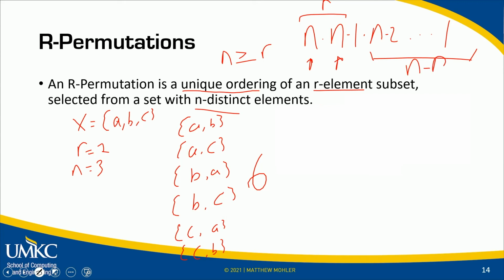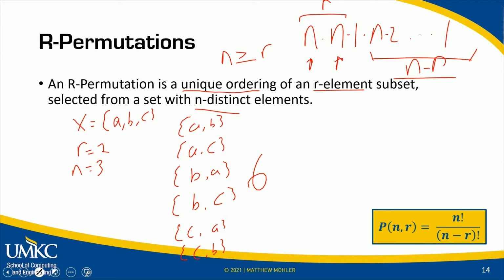So if we recognize that we're multiplying here and we want to remove this n minus r factorial, then all we have to do is divide it out. And so what we'll find is that for an r permutation, the number of r permutations from a set of n elements is just equal to n factorial over n minus r factorial.